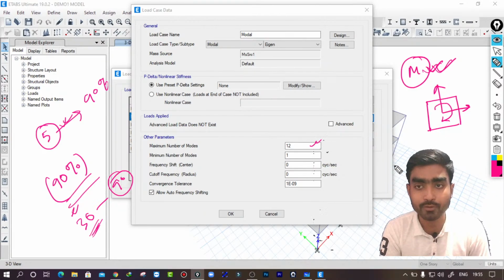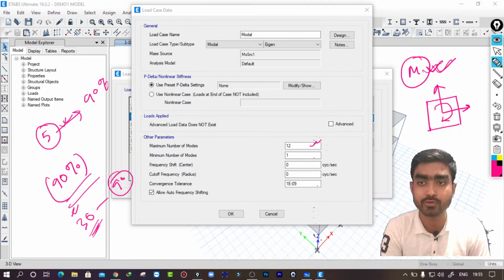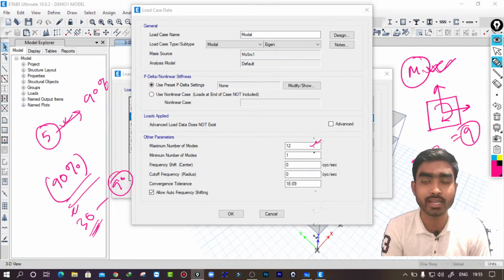And suppose we have 3 stories and 3 degrees of freedom, so we should consider 9 modes. And some people say that for every direction we have 6 degrees of freedom, obviously with rotation here also. So 6 multiplied by 3, so 18 modes. So there are different concepts.